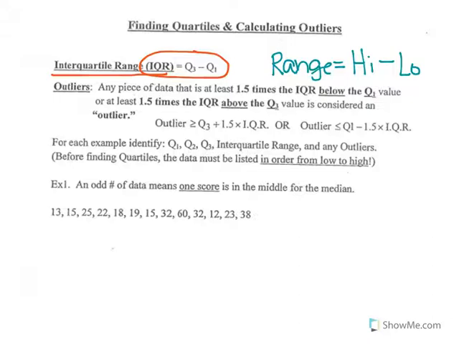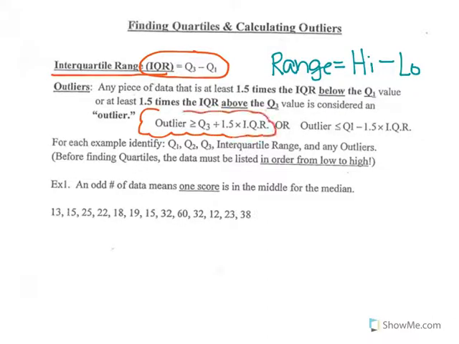So an outlier is technically any piece of data that is at least 1.5 times the interquartile range below Q1 or 1.5 times the interquartile range above Q3. And that sounds really strange to think about it like that, but we're going to be given these two formulas to figure them out for future reference.